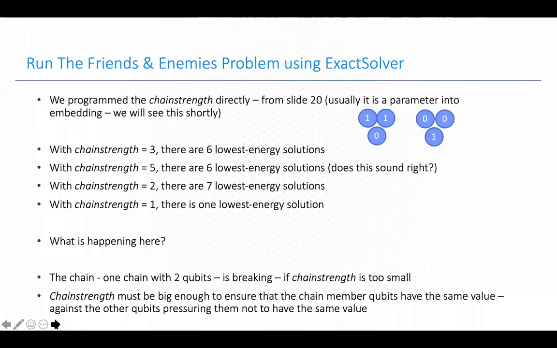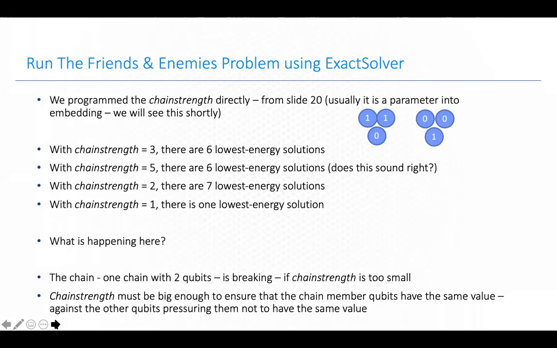Obviously, I wouldn't want to do that if the problem was too big, because it would take too long to go through all the choices. But in this case, there were just three vertices, and I programmed the chain strength directly. I wrote a program, going back to that slide where I'd introduced that little number C.